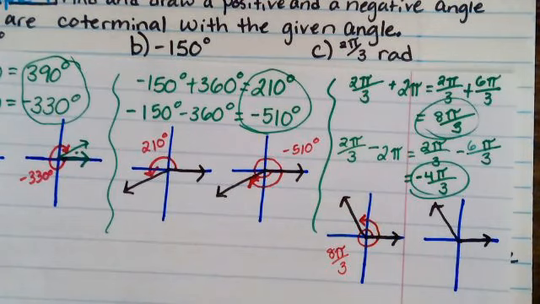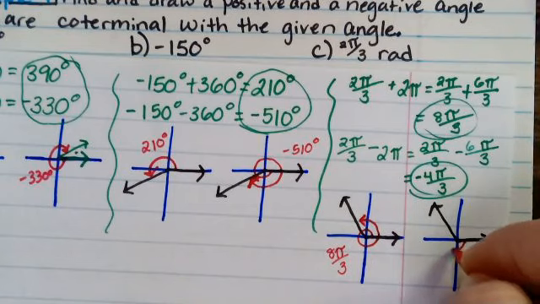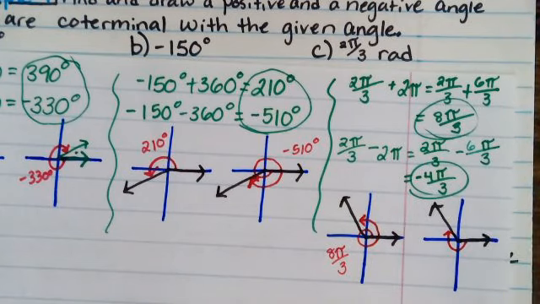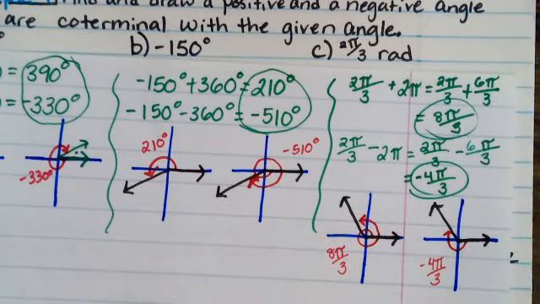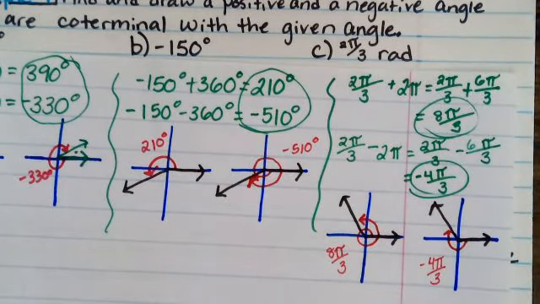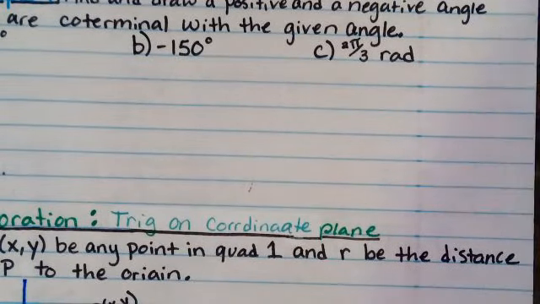All right, if I was looking at the next one, negative 4 pi over 3, this is less than one full rotation. We're going in the negative direction. Negative 4 pi over 3, just like that. Okay? All right, so coterminal angles, they land in the exact same place, but you're going to see that the degree is different, or the radians are different, even though they do land in the same location. Okay?